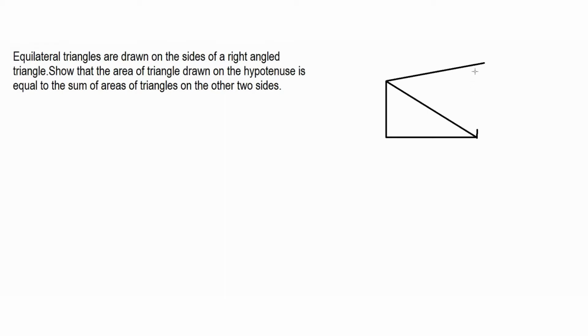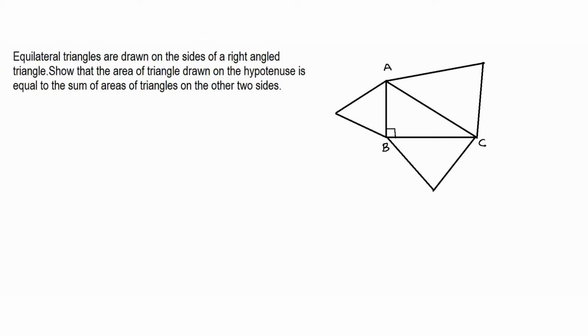So this is the equilateral triangle drawn on the hypotenuse. This is the equilateral triangle drawn on one side. And there is one more equilateral triangle drawn on this particular side. Right? So let us label all the vertices. Let us consider ABC to be our right angle triangle, which is right angled at B, of course.